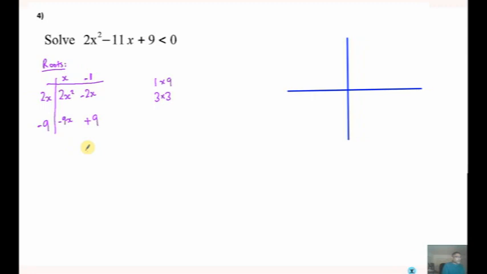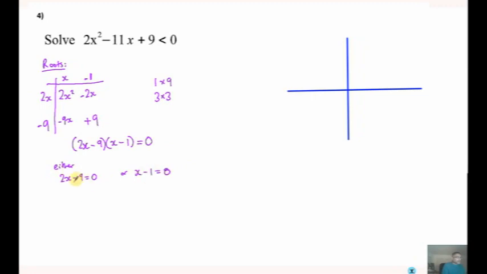So I've worked out my two brackets there, 2x minus 9 and x minus 1. And remember, I'm working out the roots of the equation. So if I solve this, either 2x minus 9 equals 0 or x minus 1 equals 0.